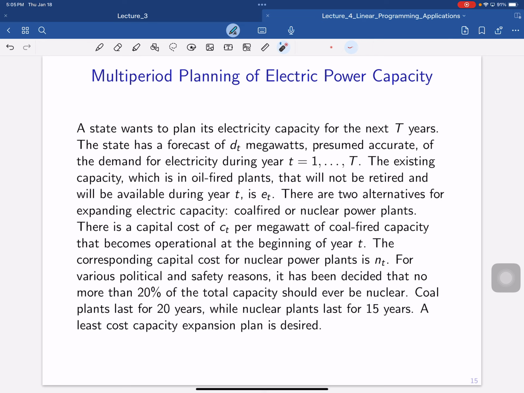This is something I have worked on personally during my PhD research. If you think about the power system here in the US, they get blackouts from time to time, right? If you read the news in Texas, they get blackouts with extreme weather. The reason is that sometimes we do not have enough capacity to satisfy the demand.